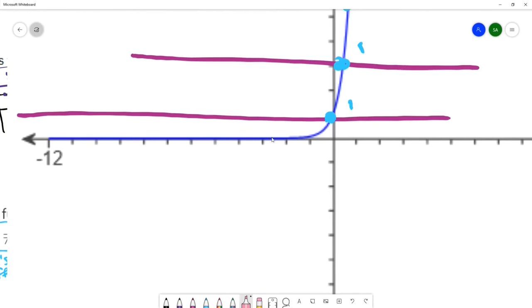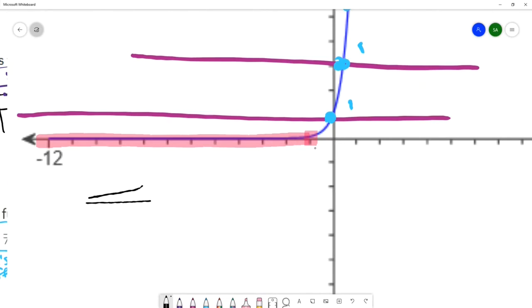There's always going to be a little bit of a gap in between this line and the x-axis. Even though we can't see it, if we were able to zoom into this, there would always be a little separation between the line and our graph.